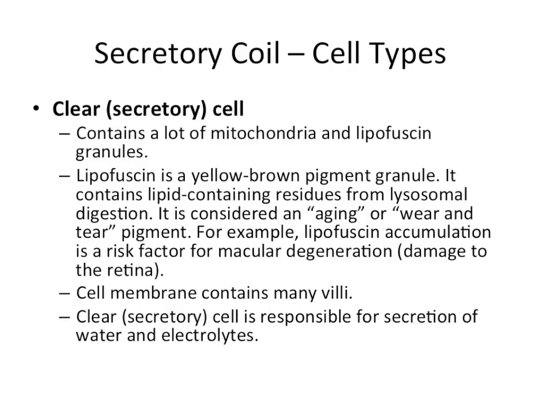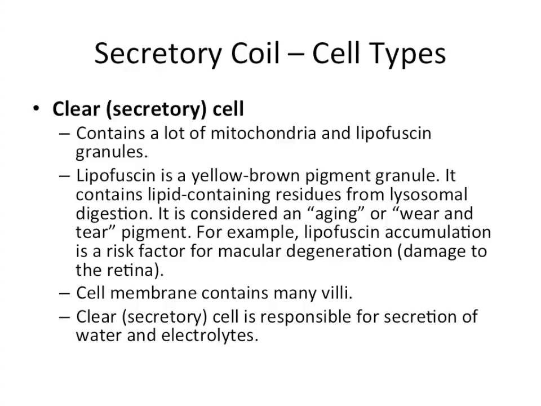So if we talk about the clear cell, we already mentioned that it contains a lot of mitochondria. It also contains lipofuscin granules, and lipofuscin is a yellow-brown pigment granule that contains lipid-containing residues from metabolism in the cell, or actually digestion, and it's considered an aging pigment.